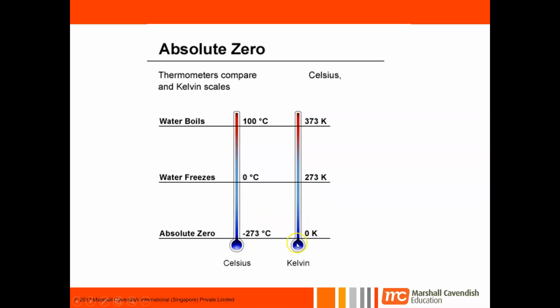So at 0 Kelvin, although I don't think anybody has ever reached 0 Kelvin before, that means that this is just a theoretical number. I don't think practically on Earth it actually is 0 Kelvin. But what it means is that at 0 Kelvin, there is absolutely no heat at all.